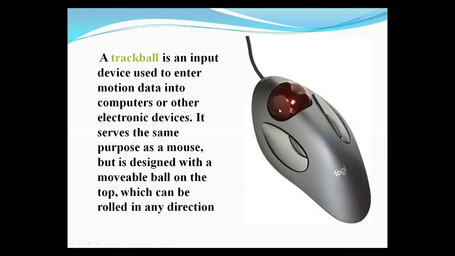This ball can be rolled in any direction, but in a mouse we use specific up, down, right and left directions, while this movable ball can be used in any direction. Okay, hope you all understand, and there is also a brief description of the trackball in your book. If you want to read it, you can.